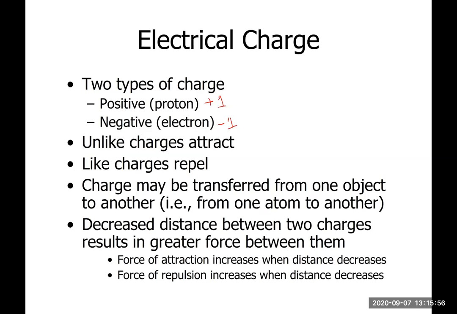Unlike charges attract, and so if we had, for example, a proton and an electron, the two species would move closer together, decreasing the distance between them. There's an attractive force here. And as the distance decreases, that attraction force increases.